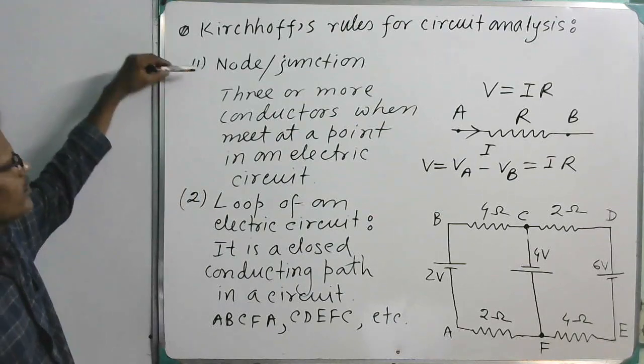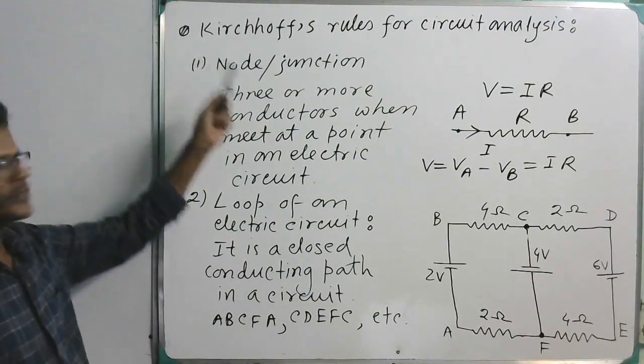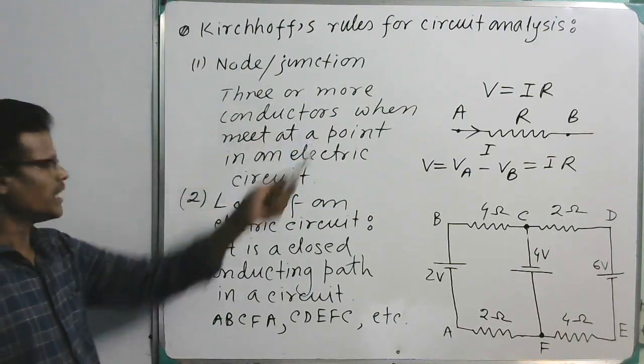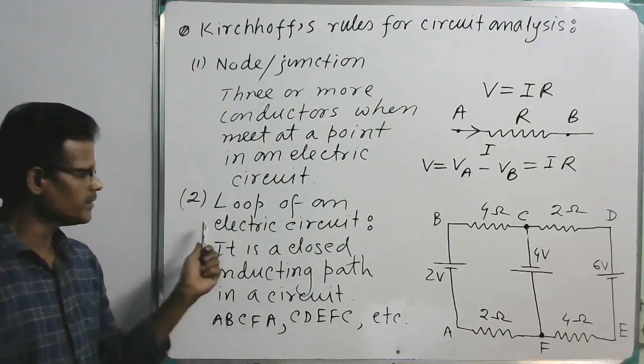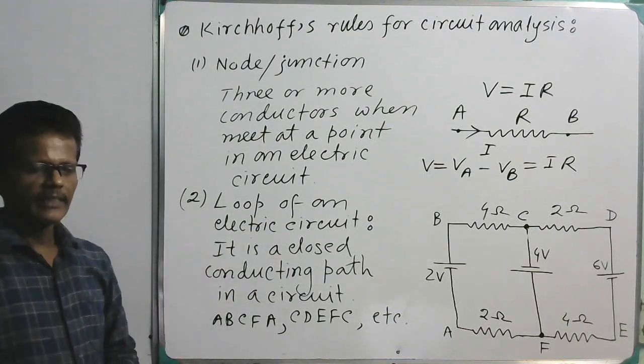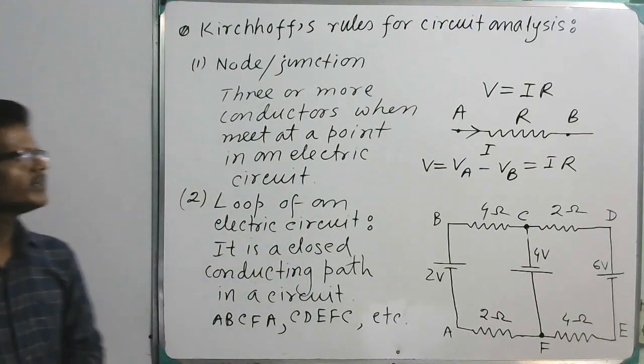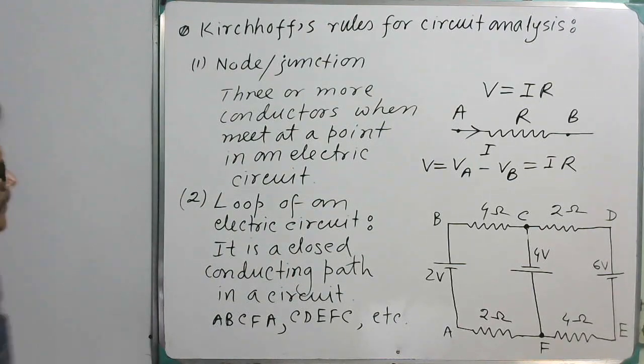So now you have some idea what is node or junction and loop of an electric circuit. Then we now proceed to the first rule.